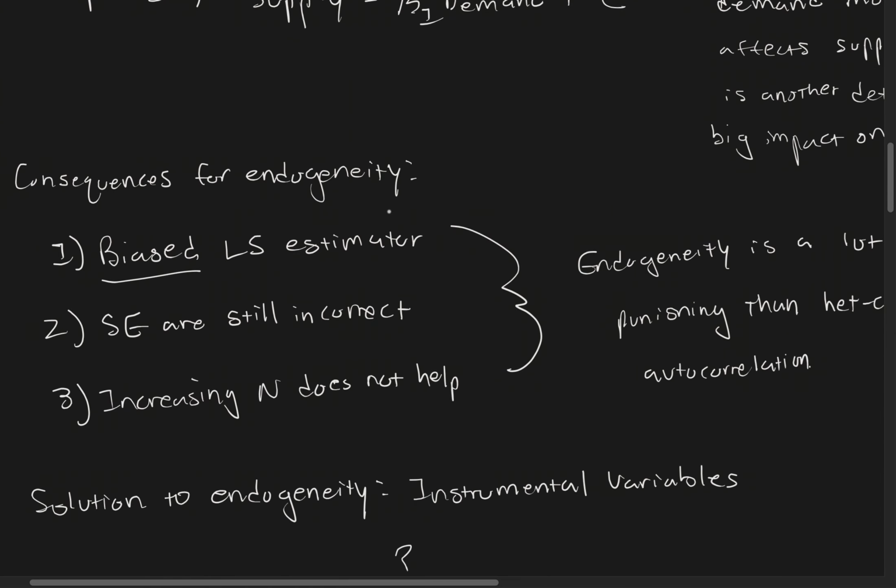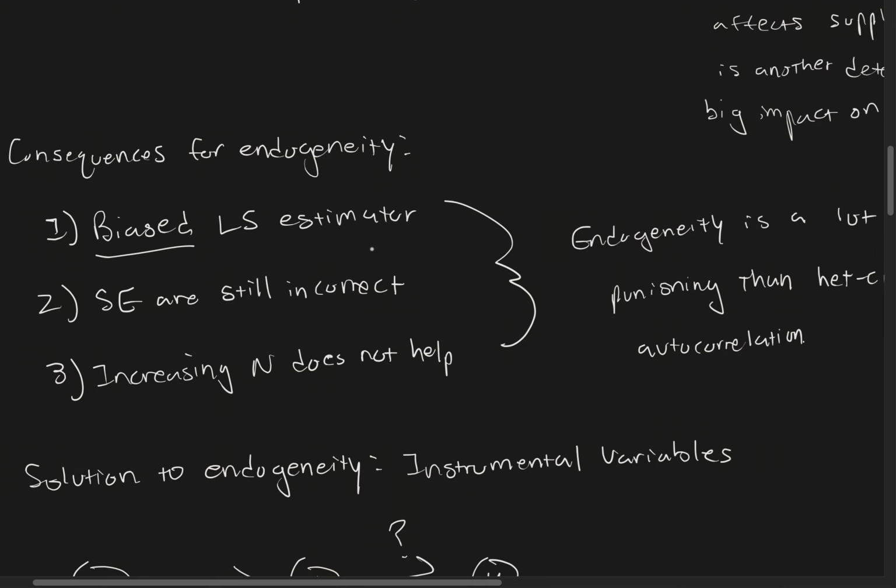And so our consequence for this is that we actually have a biased LS estimator, in contrast to the unbiased LS estimators in our consequences for heteroscedasticity and autocorrelation.